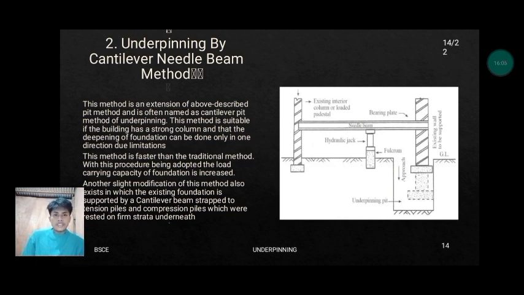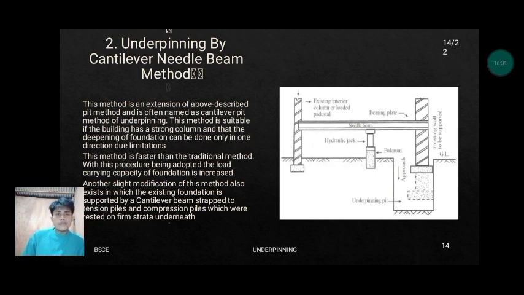This method is faster than the traditional method, with this procedure being adapted so that the load carrying capacity of a foundation is increased. Another slight modification of this method also exists, in which the existing foundation is supported by a cantilever beam supported on tension piles and compression piles which are founded on firm strata underneath.